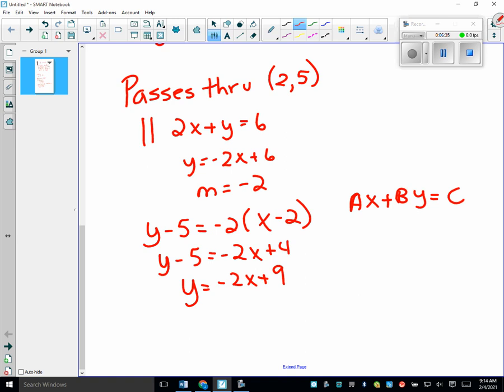Okay? No fractions, A has to be positive. Well, how would I get this like that? Can I move the 2x to the other side? So 2x plus y equals 9. Right? You good with that?